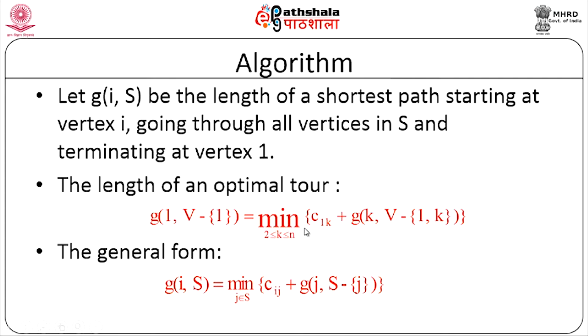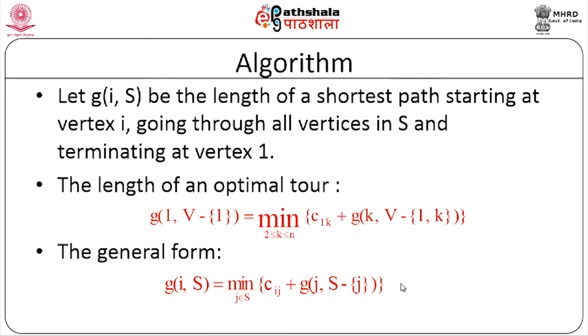So, the minimum distance is going to be the length of the optimal tour. So, what is the general form? The general form is g of i comma S, which is the minimum over j of c of i comma j, which is the weight, plus g of j comma S minus j. This is what the general form of this particular algorithm is all about.